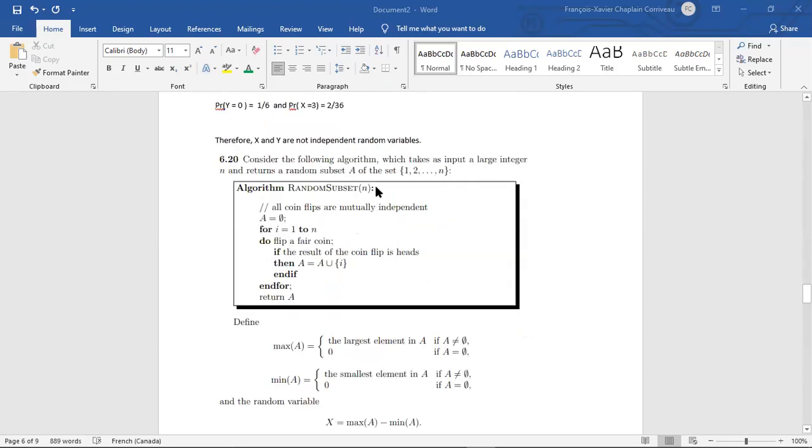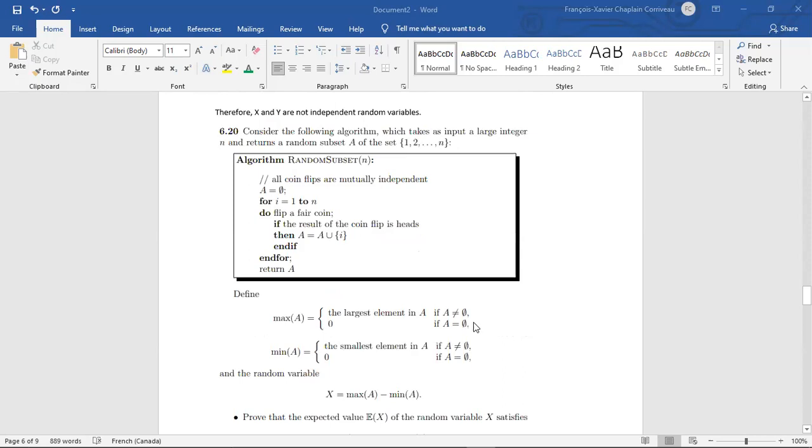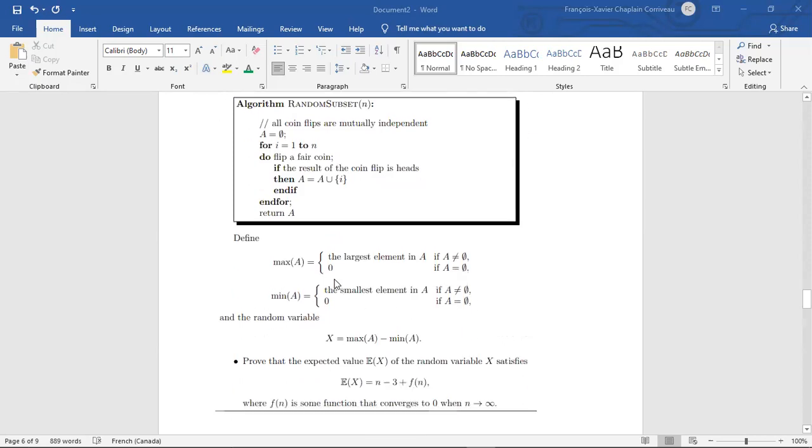If I get all tails, then my set does not contain any element, so we do have to take care of this case. This is a possible case. Same thing for the minimum. If my set has an element in it, then we look at the smallest. Otherwise, it's 0. So if my set is empty, I set my minimum to be 0.